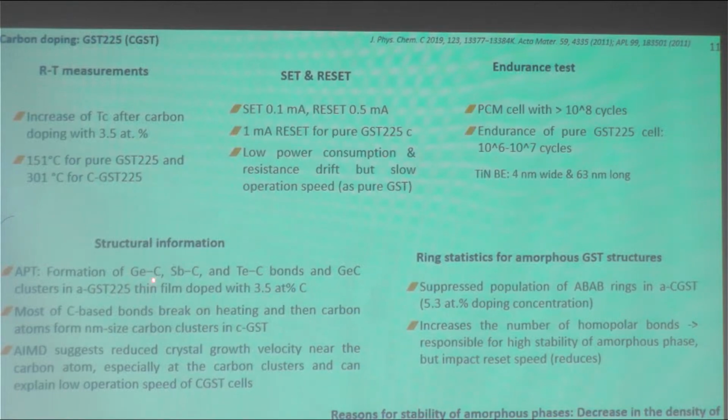From the structural side, if you introduce carbon to the GST, atom probe tomography shows the formation of germanium carbon bonds, antimony carbon bonds, and tellurium carbon bonds, also such germanium carbon clusters in the thin film with doping of 3.5 atomic percent. But these carbon-based bonds break on the heat, and at the heat of the system, carbon atoms form nanometer-sized carbon clusters in CGST.